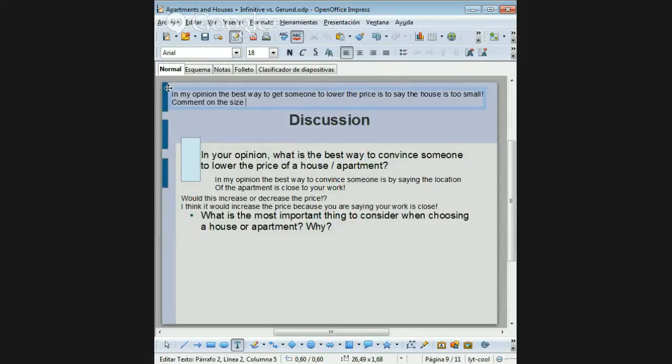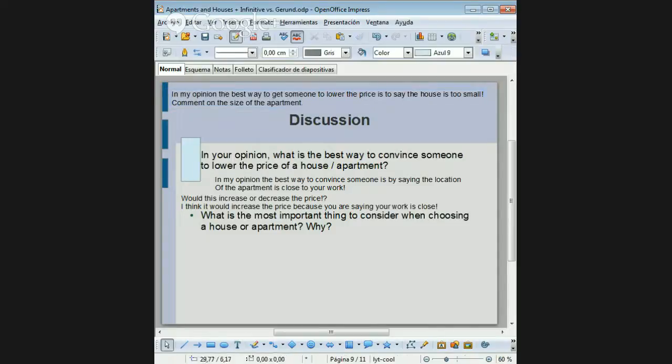Yeah, so comment on the size of the apartment. Maybe say that the house is too small. Yeah, that'd work, for example. For sure. Okay.